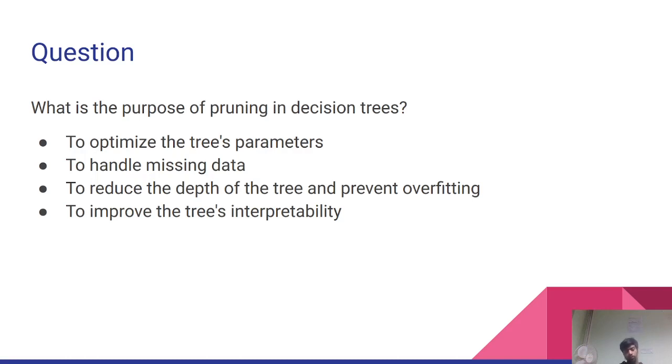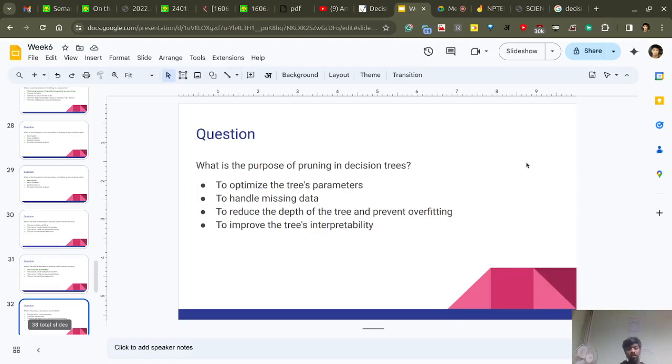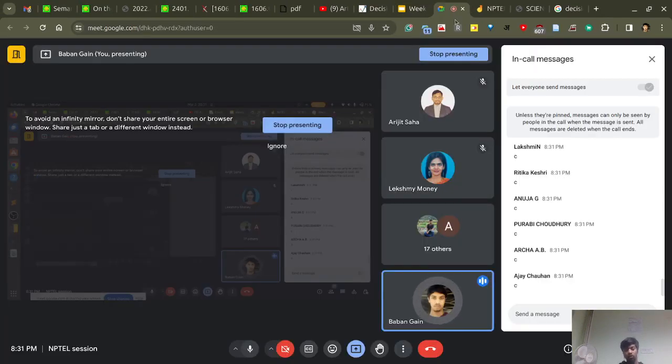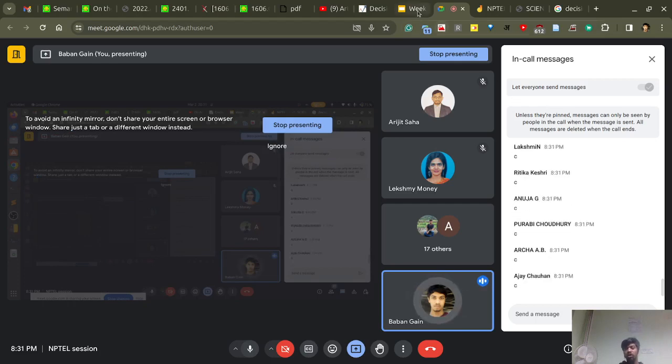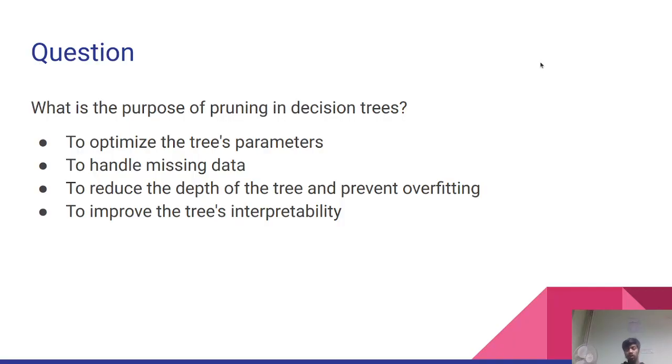Option C, to reduce the depth of the tree and prevent overfitting. Yeah, right. The major objective here is that if the tree grows to be very complex, it will also fit to the outliers, which it should not. So we prune some part of the tree such that overfitting is minimized.